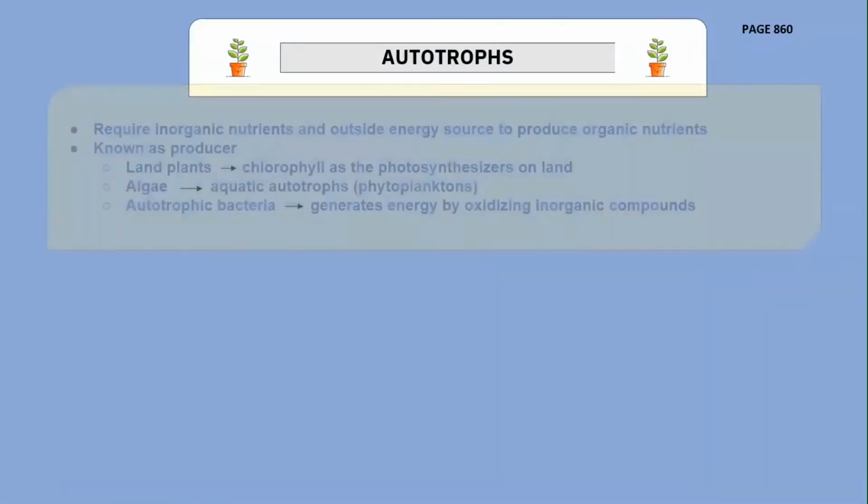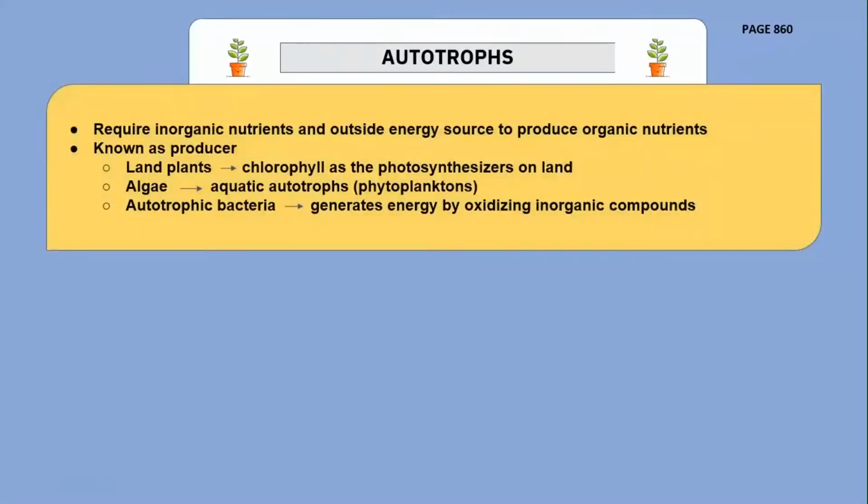Autotrophs are organisms that require only inorganic nutrients and an outside energy source to produce organic nutrients for their own use and for all the other members of a community. Autotrophs are known as producers because they produce food from inorganic nutrients.